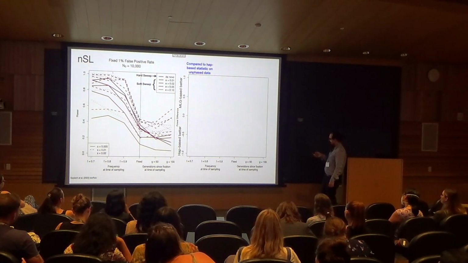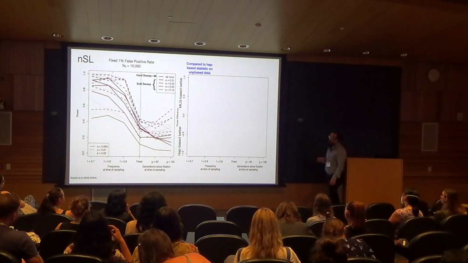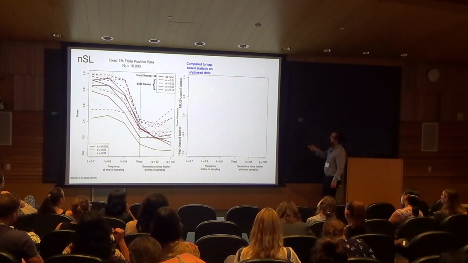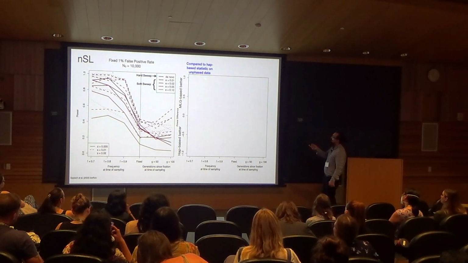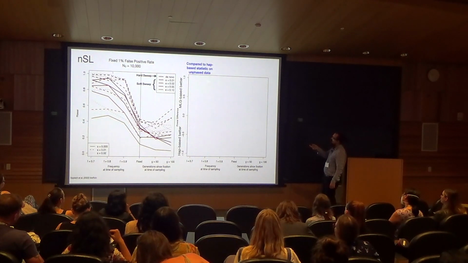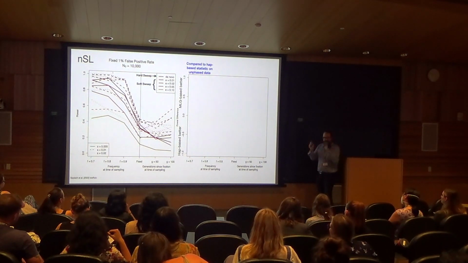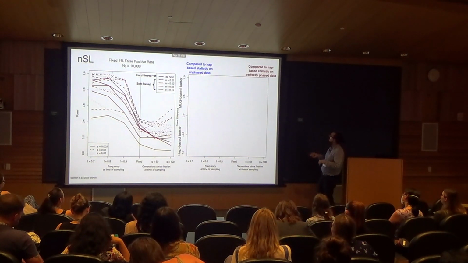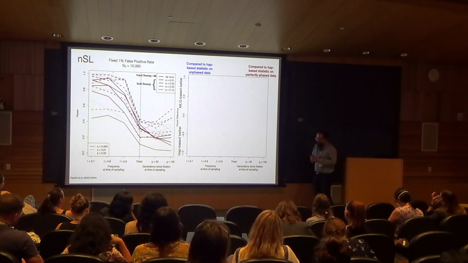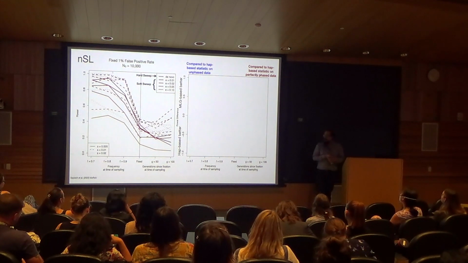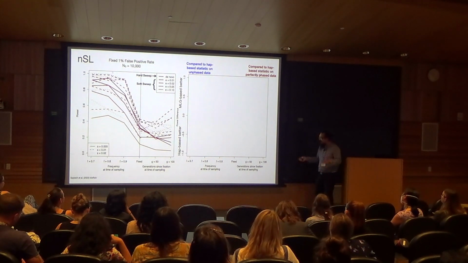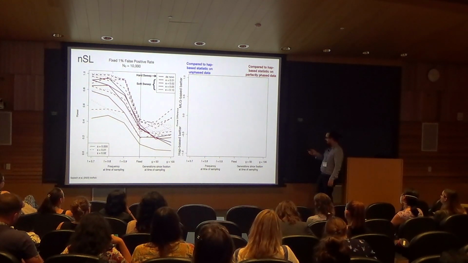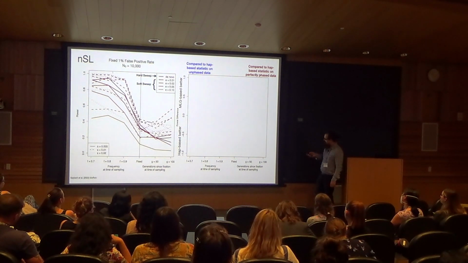I'm going to show you two different sets of lines. The blue lines are where we compare the unphased statistic to the haplotype-based statistic applied naively to unphased data. And then the red lines compare its performance when we have perfectly phased data, just pulled right out of the simulation. Perfectly phased, we know we couldn't do any better.